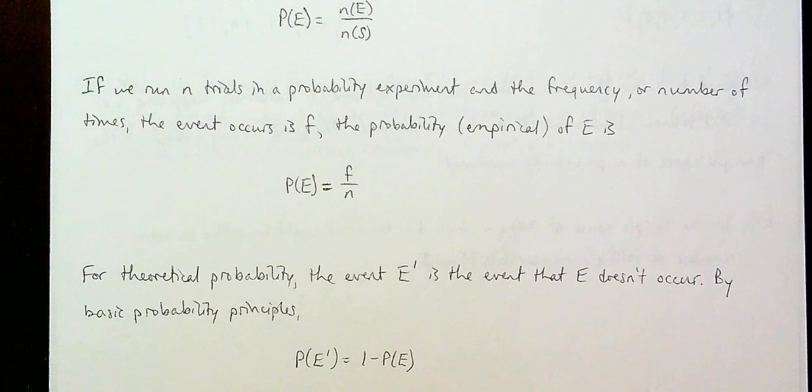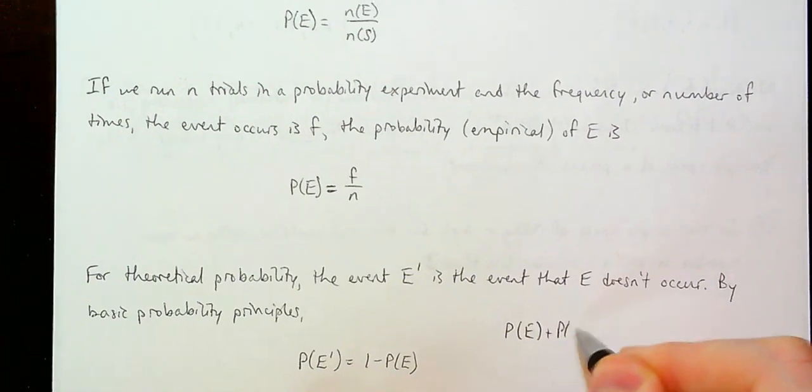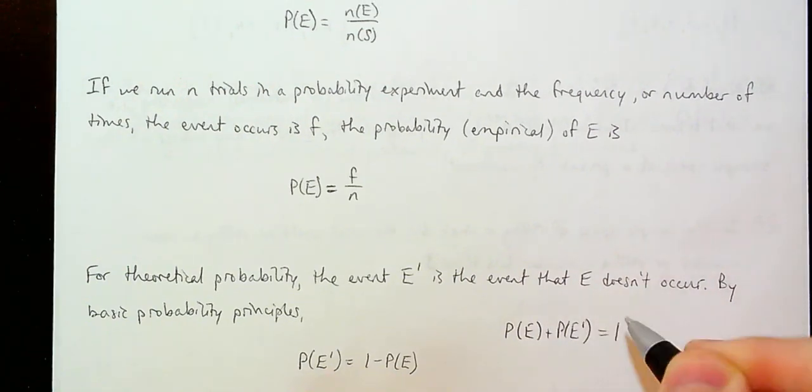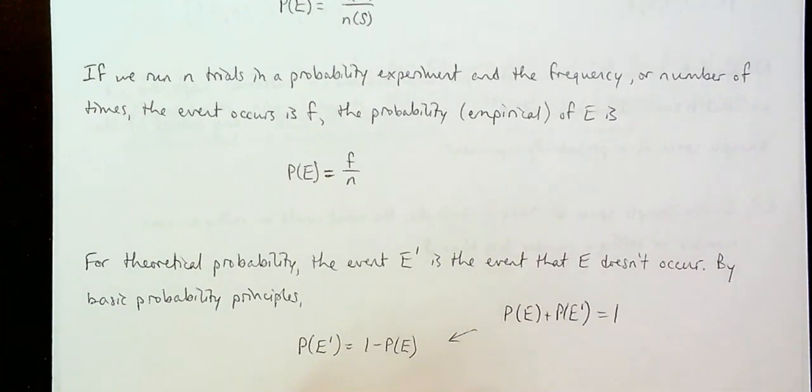The sum of those probabilities, probability of E happening and probability of E not happening, has to be 1, because between those two things, something is guaranteed to happen. Probability of something guaranteed to happen is 1. So if I subtract P of E from both sides of this equation, that's going to give me that formula right there.